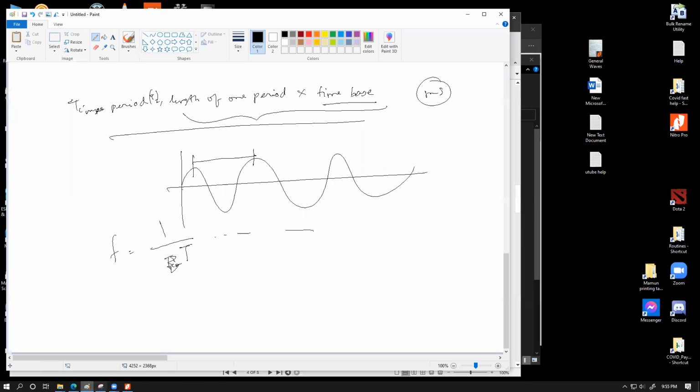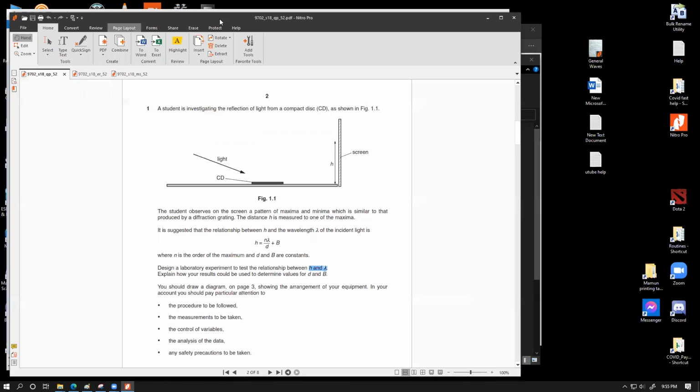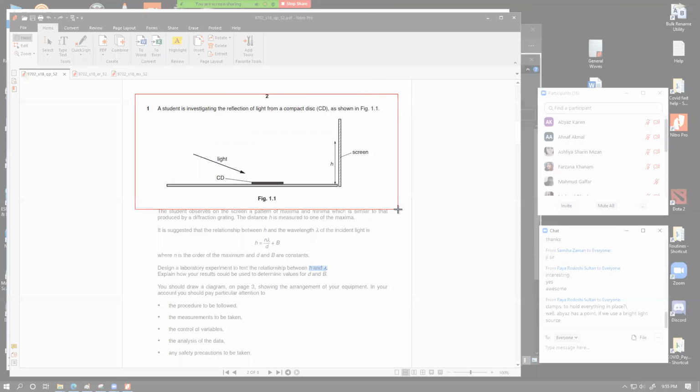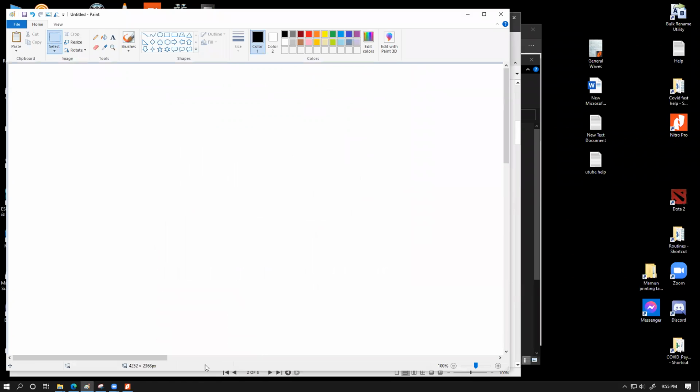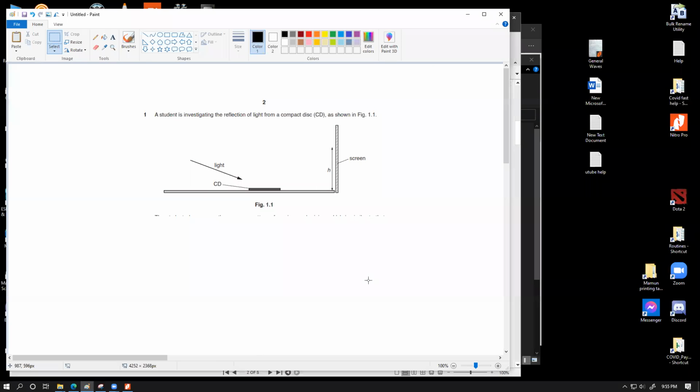Sorry. So what I'm going to propose is that if this is the CD and we're going to have the light source somewhere over here, this is our light source which is shining light into this direction.